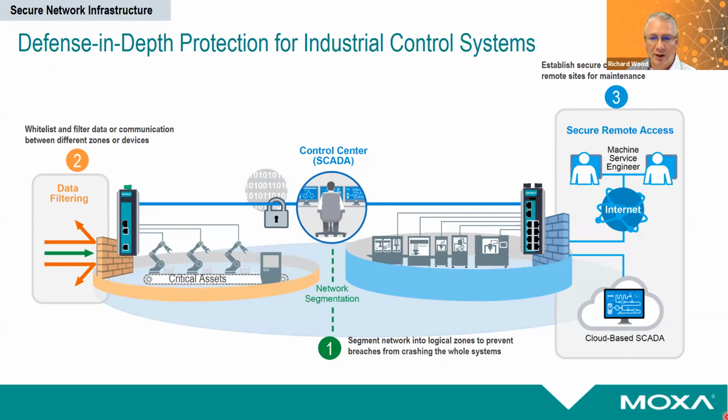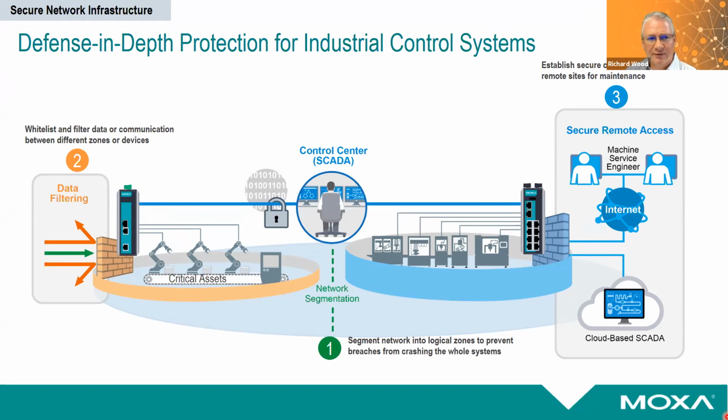One, if somebody were to get in, it limits the access to just the segment they broke into rather than the entire network. Second, you're reducing your broadcast domain, which is going to make your network more stable and minimize the impact of a network problem in one area from affecting your entire factory. It also makes it easier to troubleshoot should you have a problem like that.